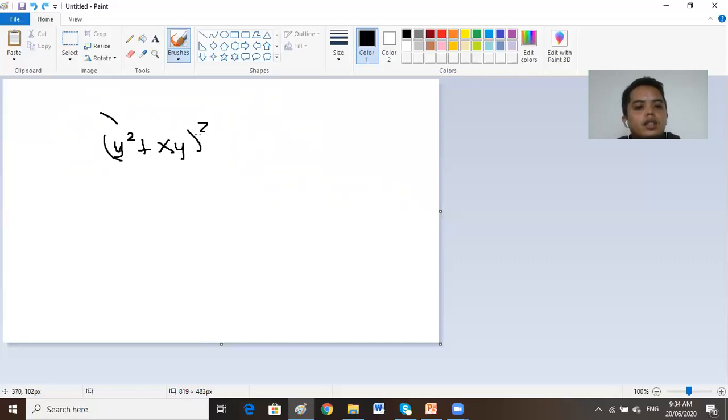So this is the step in simplifying this one. The first rule is square the first term, y^4, plus twice the product, 2xy cubed, plus square the last term, that is x squared y squared.